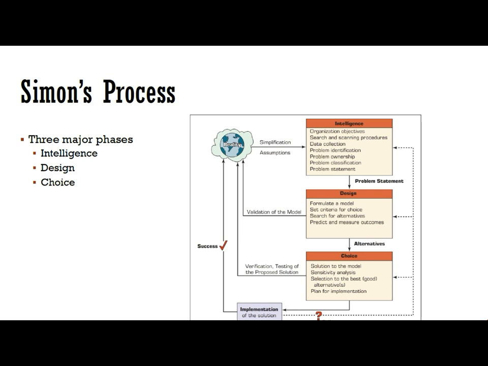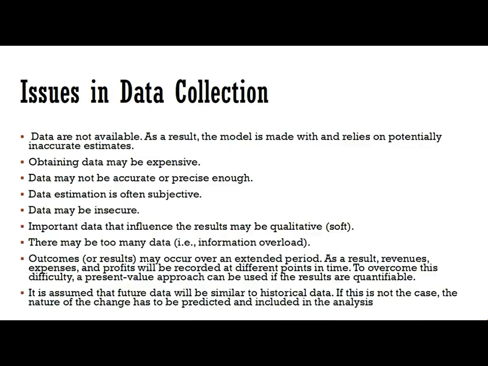If we know what our problem is, then we're able to design a way to find the data, formulate a model, set criteria for choice, search for alternatives, predict and measure outcomes. And the last area is choice: solutions to the model, sensitivity analysis, selection of the best, plan implementation. Once it's implemented, then we can look at whether it worked.